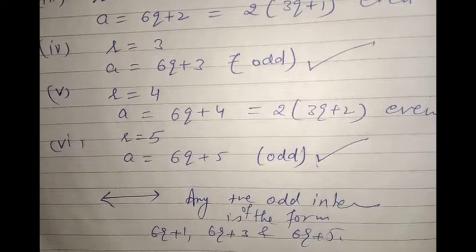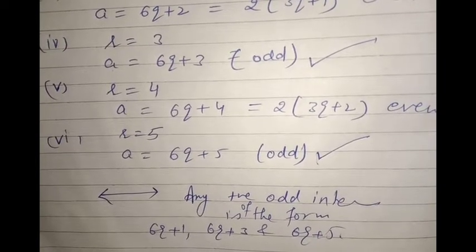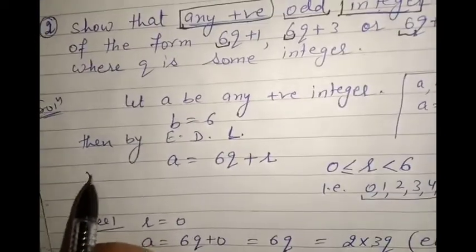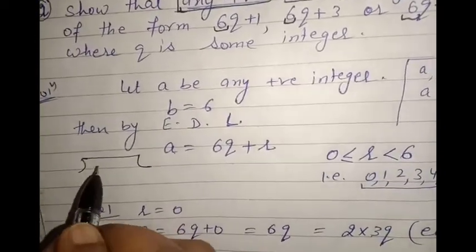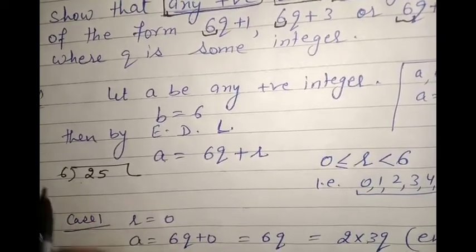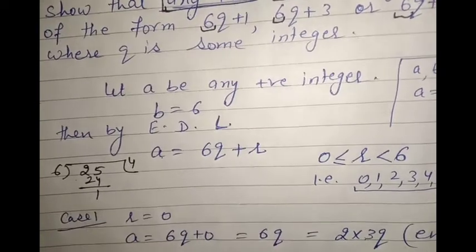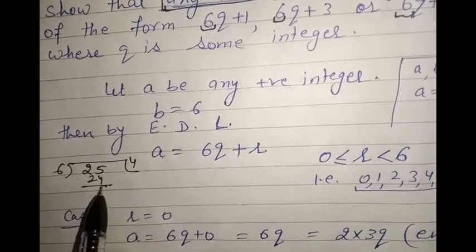If you take any odd number and divide it by 6, I am explaining this with basics. Just see this. Suppose I take the odd number 25 and divide it by 6. 6 fours are 24. What is the remainder? The remainder is 1.